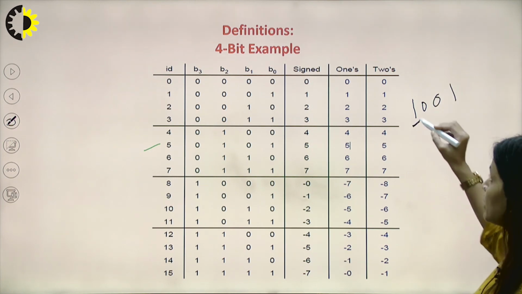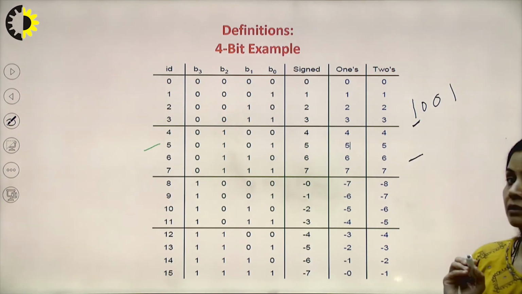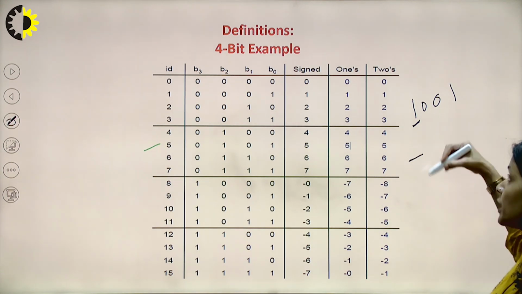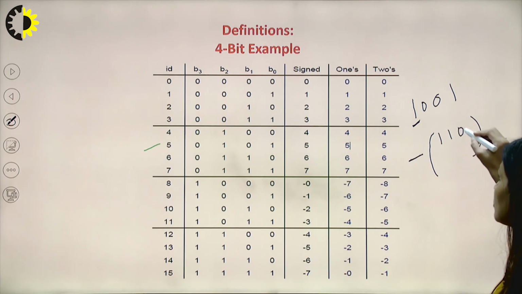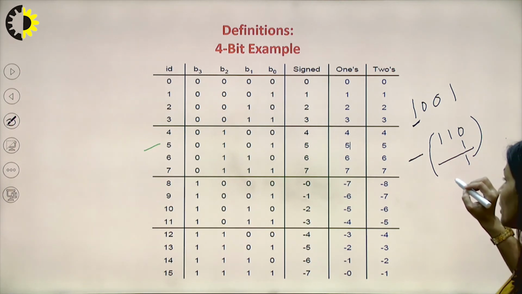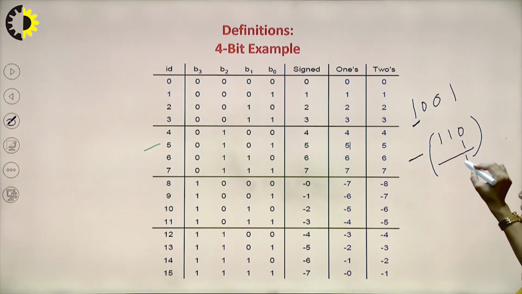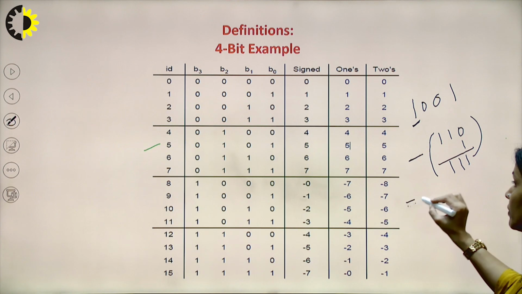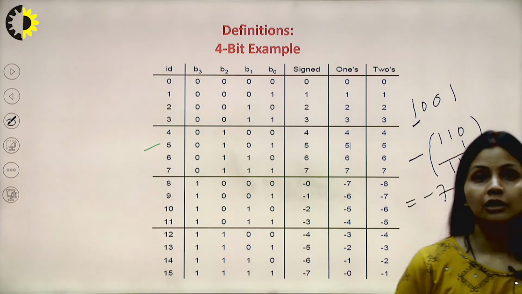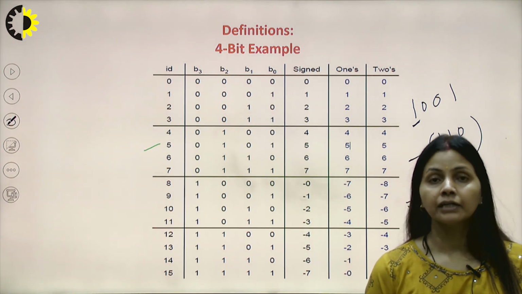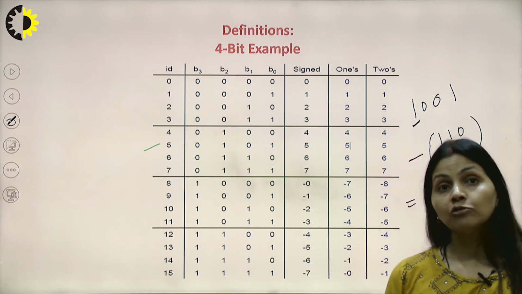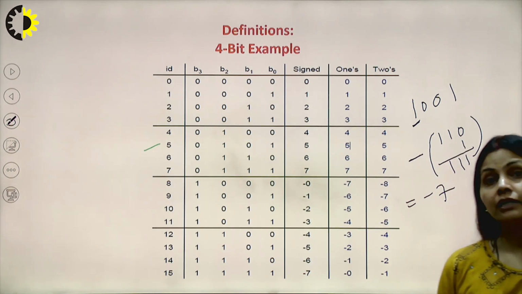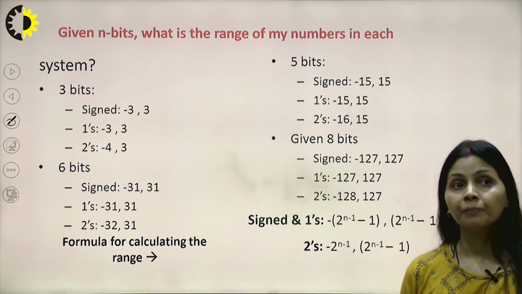Since the first bit is 1, I will put a minus, and for the remaining I will take the 2's complement. So the 2's complement will be 1101. Adding 1, I will get 111. The number will be -7. So like this we can understand that the same binary gets different values in all the number schemes.